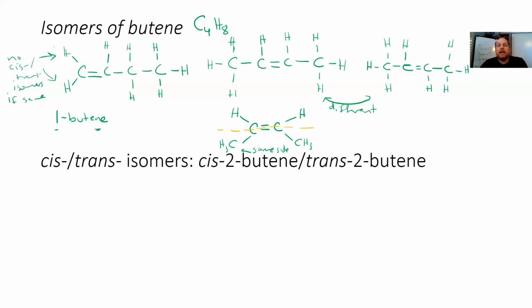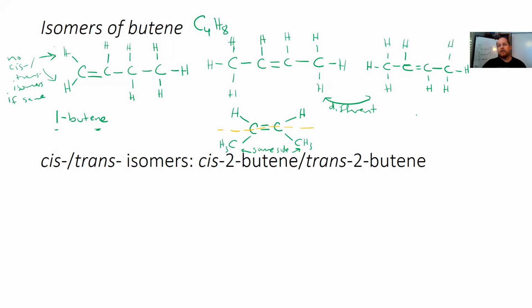Notice they're on the same side of that double bond, assuming you're drawing a line through the carbons that are involved in the double bond. They're on different carbons, but they are on the same side of the double bond. Remember, this double bond cannot rotate. It's stuck in place, so it matters.